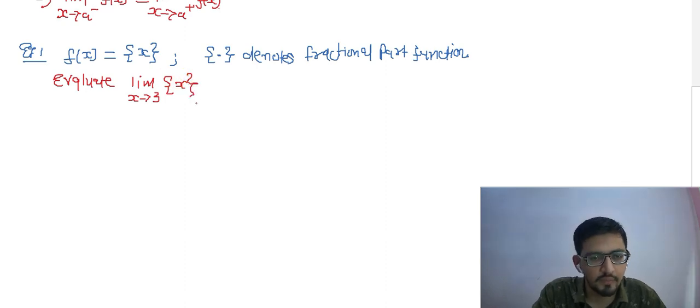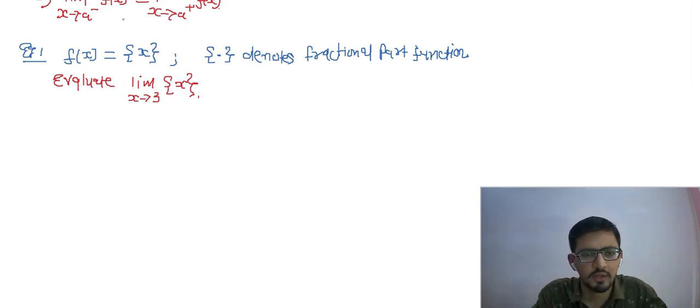I want to evaluate this. To evaluate a limit, several types of methods are there. We will study that also. Direct substitution method is there, then factorization method, rationalizing method, and by using some standard limits. And sometimes in some kinds of questions you have to do LHL and RHL separately also. That depends on what kind of function is given.